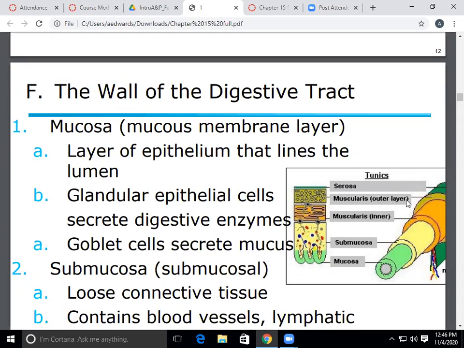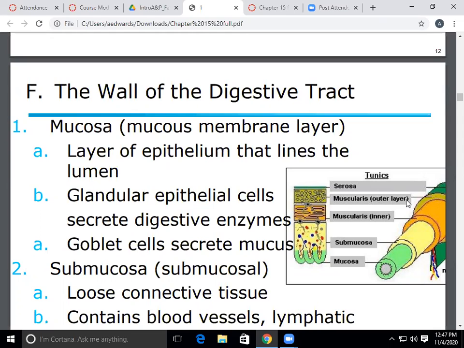Okay. Made up of glandular epithelial cells, just means it's epithelial cell that has glands in it. Okay. And those glands will secrete different digestive enzymes. You also have goblet cells. And those goblet cells are going to secrete mucus.